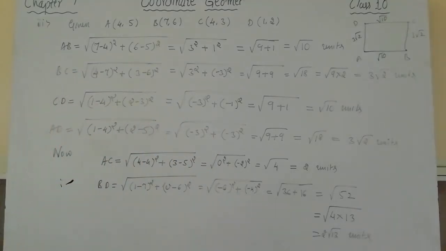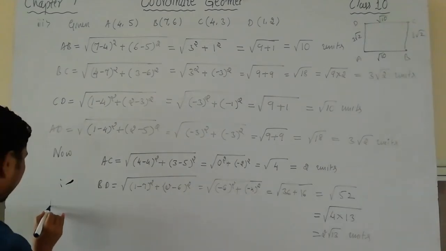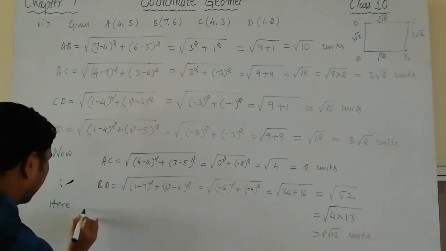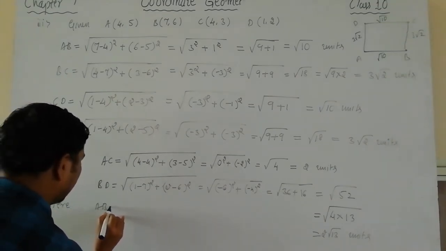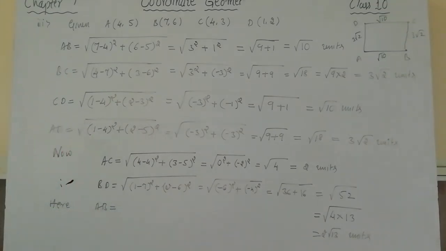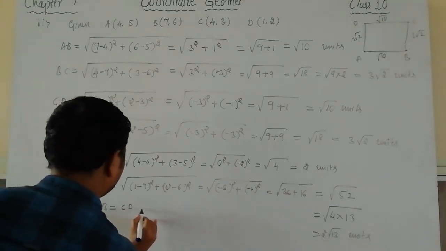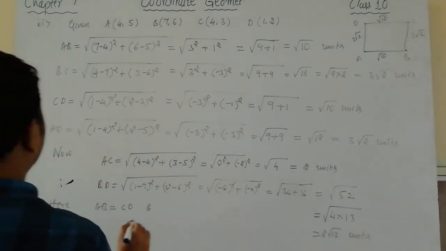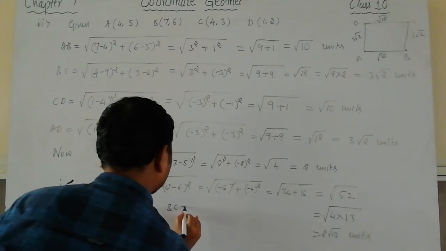Okay, I think if I write on the below, is it visible for you? Okay, I think I am going to write on here. So here AB is equal to opposite side CD, and BC is equal to AD.